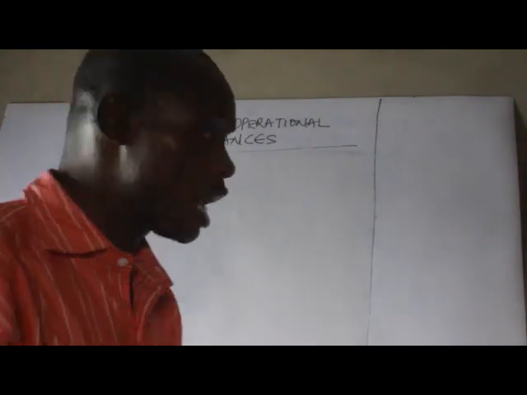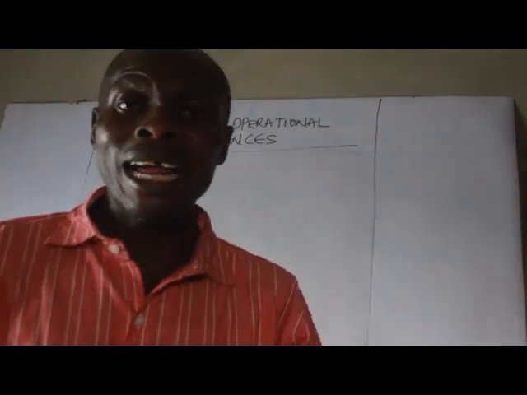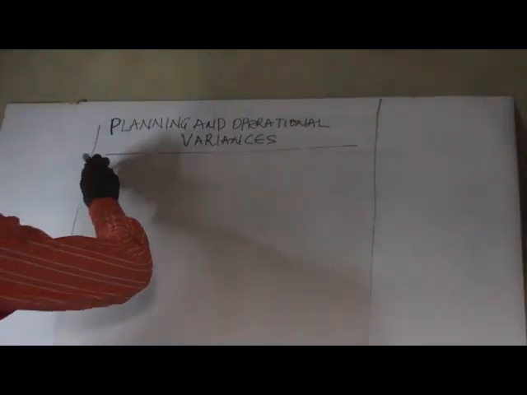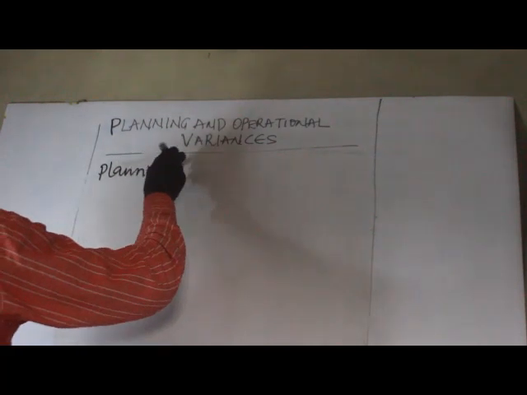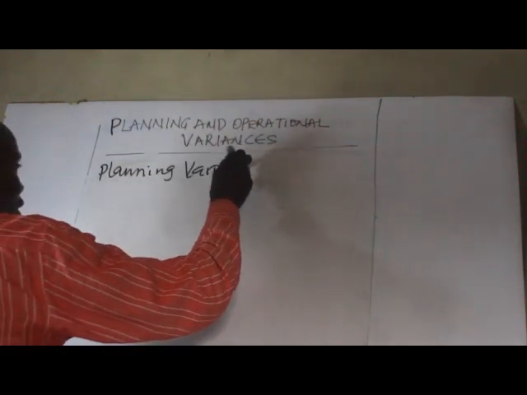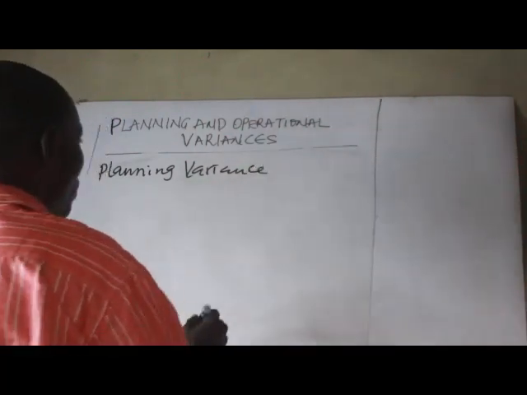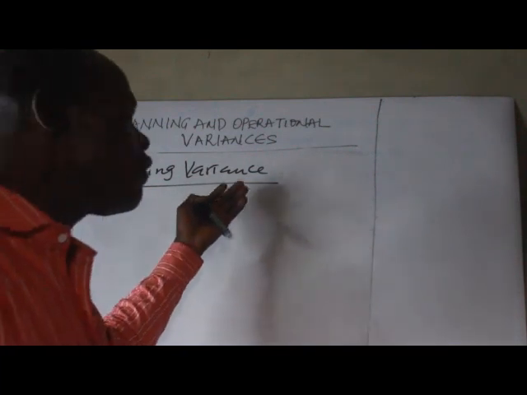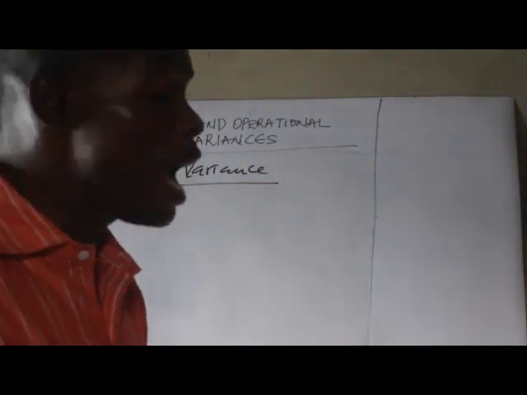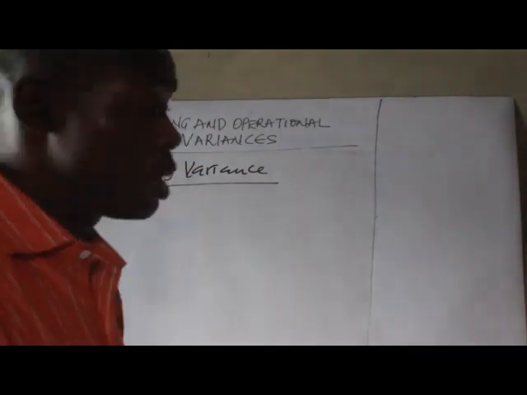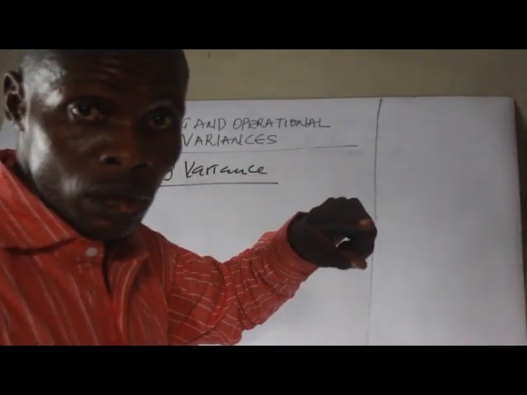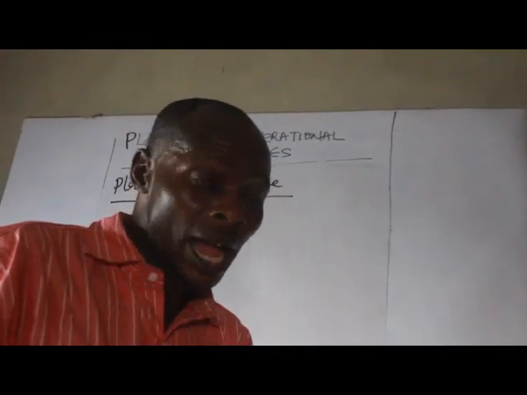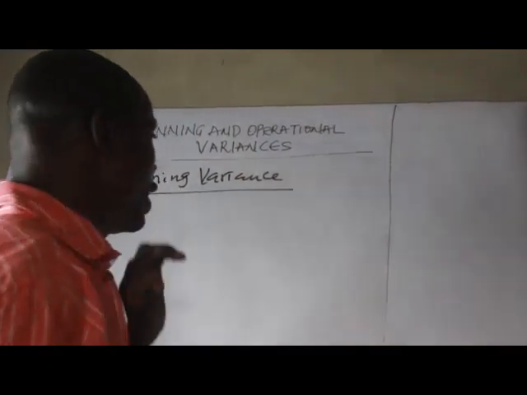Planning variance arises whenever you want to correct the level of forecasting errors inherent in a given variance.